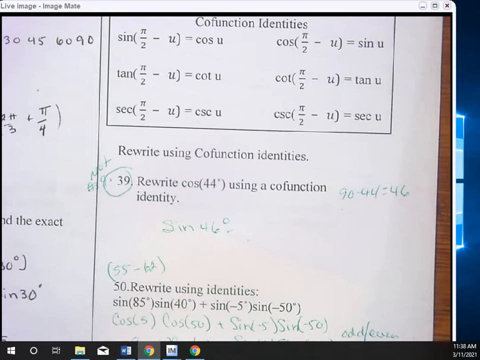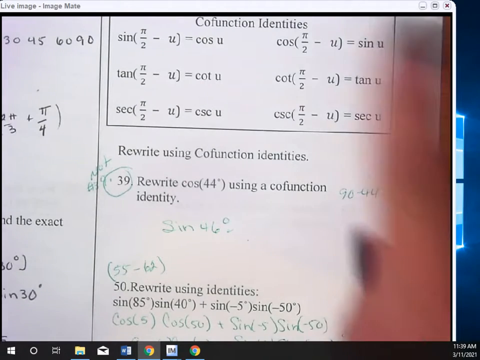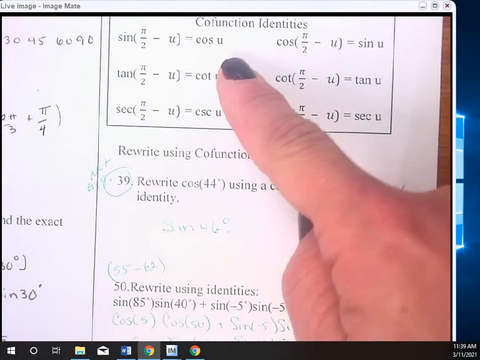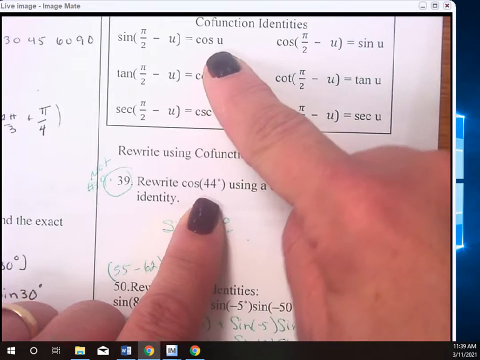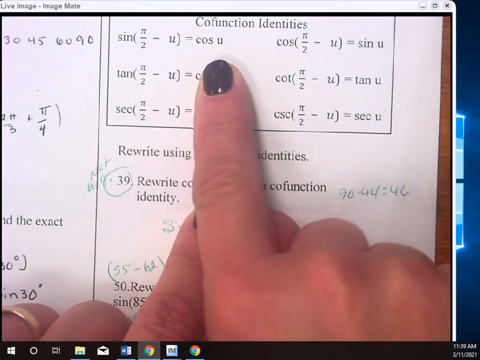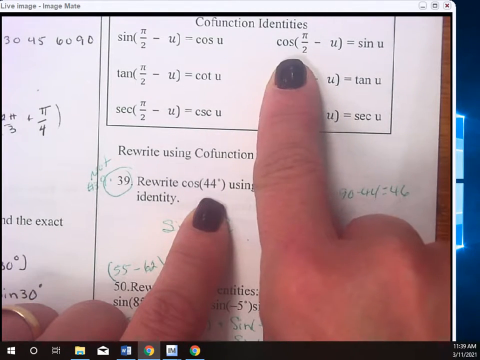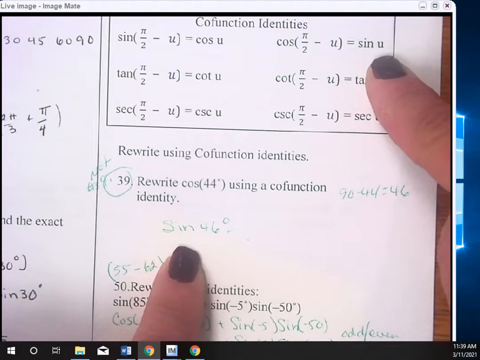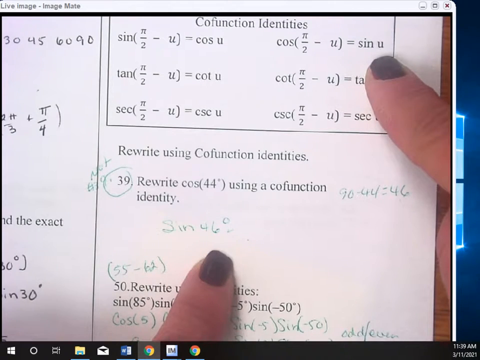So 90 degrees minus 44 is 46 degrees. Now, if I look at my cofunction, cosine is the cofunction of sine. So 90 minus the 44 is the same as the sine of 46.